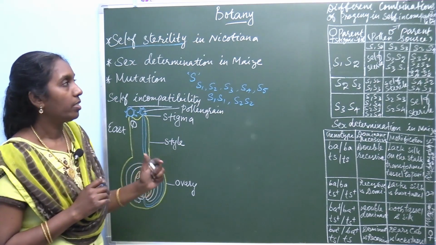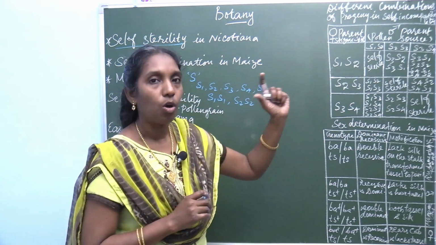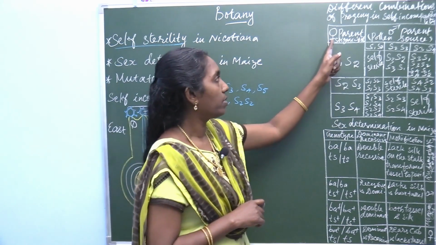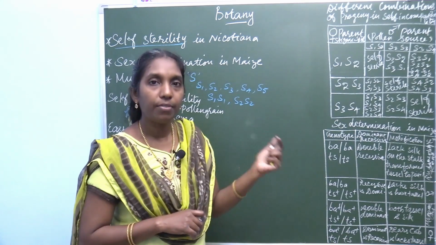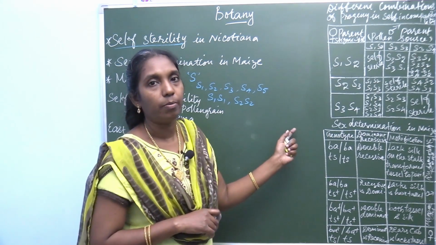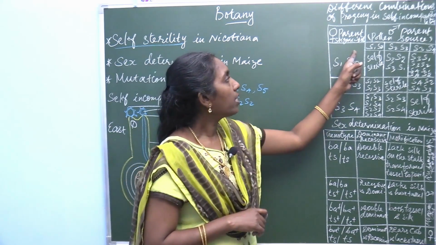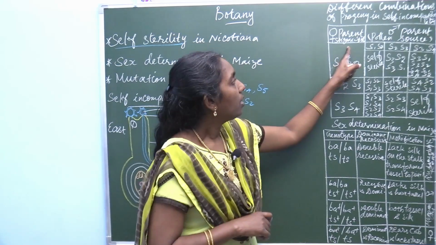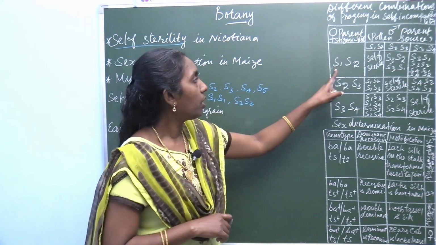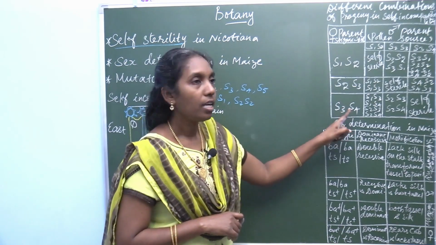So, different combinations. Look at this table column. Here different combinations of allelic forms and progeny in self-incompatibility in the Nicotiana tobacco plant are selected. The female parent stigma has S1 S2, S2 S3 and S3 S4.